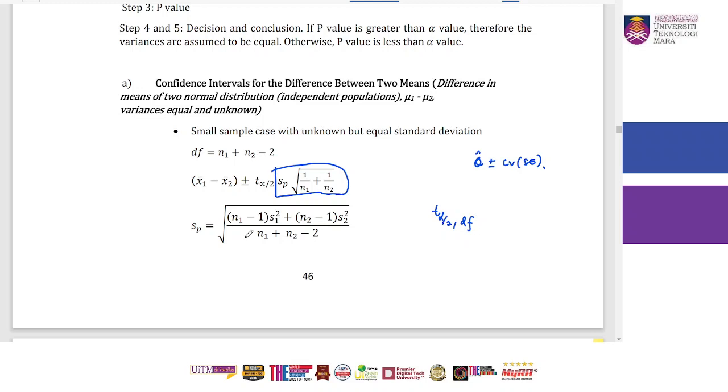Okay, whereby in this situation, the Sp is called the pooled standard deviation. Okay, the pooled standard deviation is given by the formula, the square root of n1 minus 1 s1 squared plus n2 minus 1 s2 squared divided by n1 plus n2 minus 2, divided by the degrees of freedom.